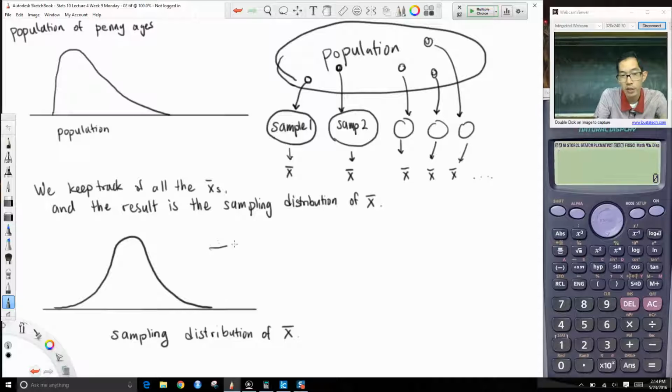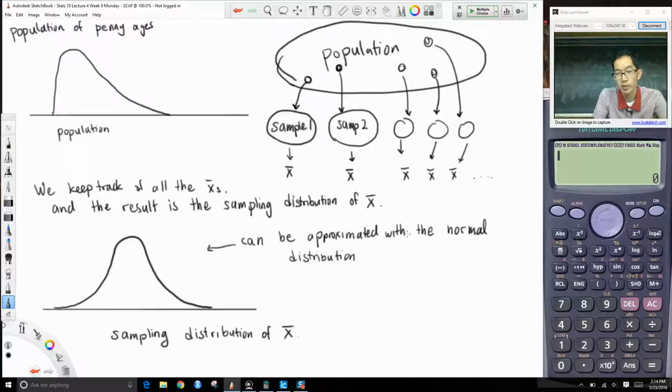We say this looks like the normal distribution, so this can be approximated with the normal distribution. According to the central limit theorem, if the population has some mean mu, the mean of our sampling distribution will also be that same value mu.